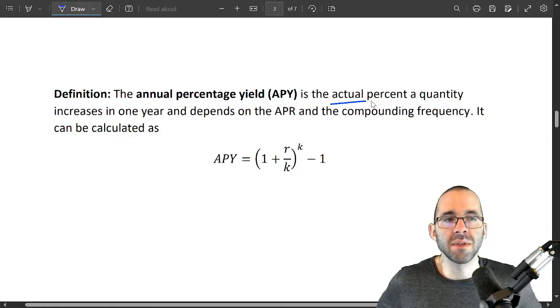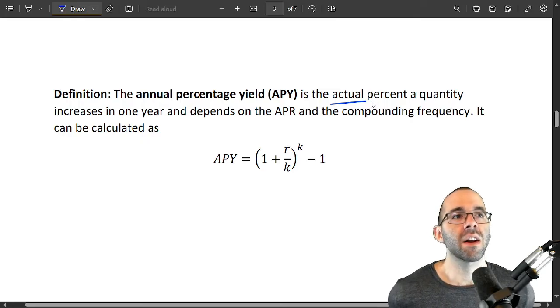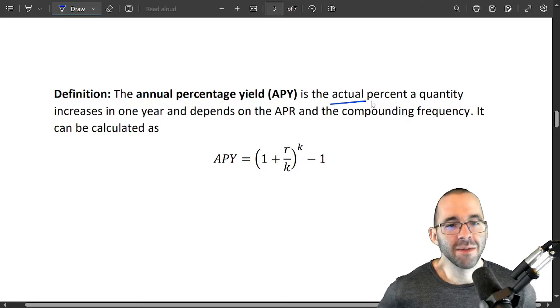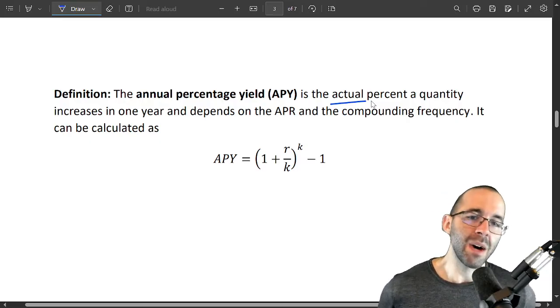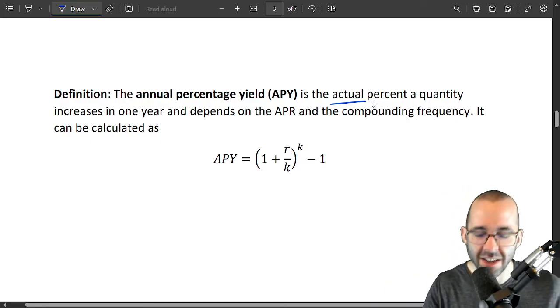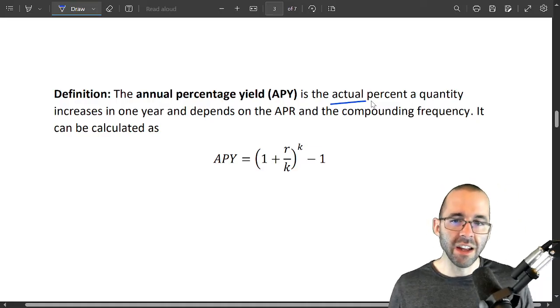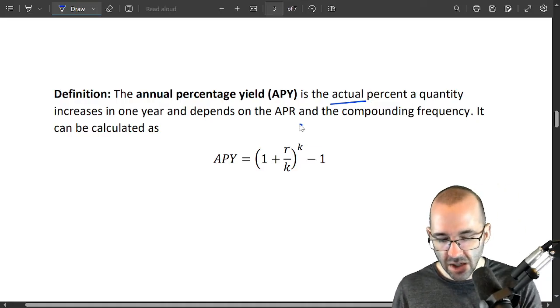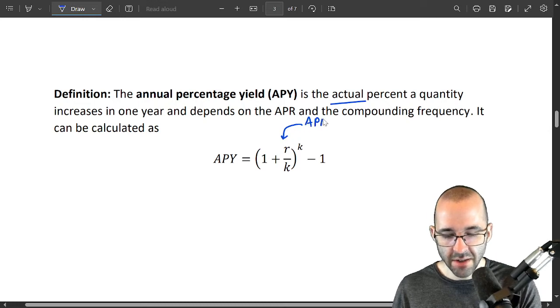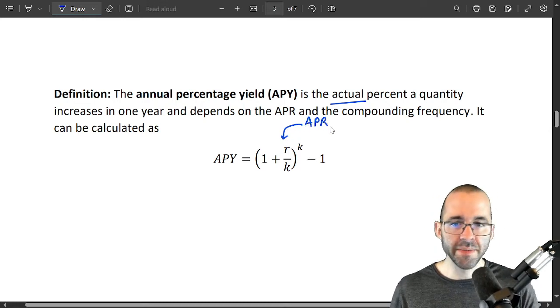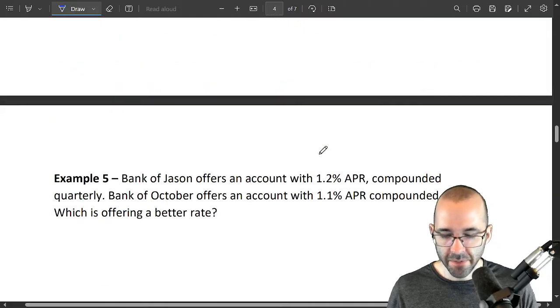A lot of times for credit card stuff, they'll do APR so it looks lower. And a lot of times on investing stuff, they might say APY so it looks higher. So just make sure that it's consistent. And you can calculate one from the other. Again, remember R is your APR written as a decimal. So that's how you can convert it.